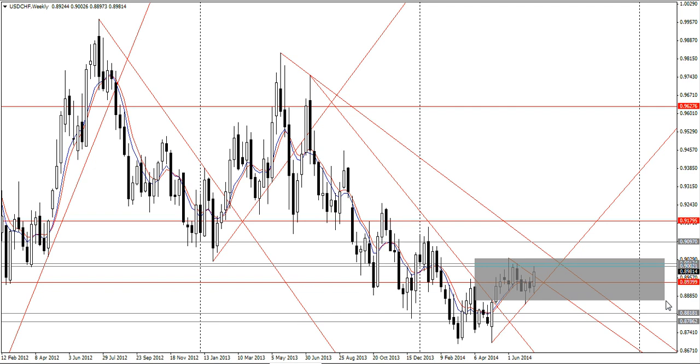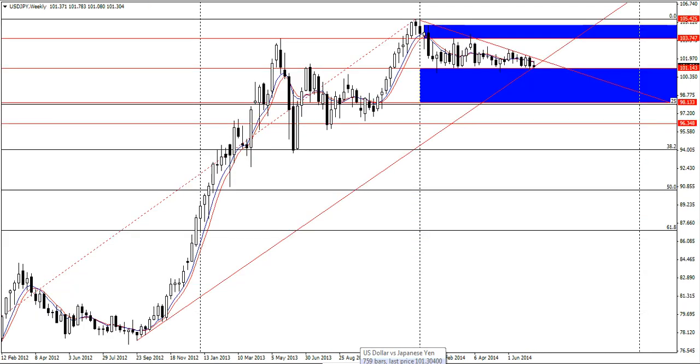Something like that. Somewhere between this area here around the 88.66 and the 90.25s.